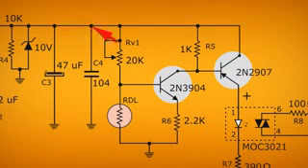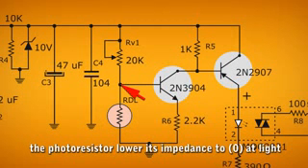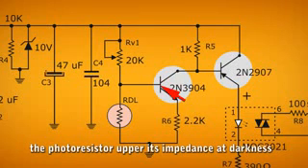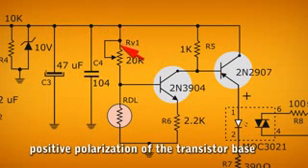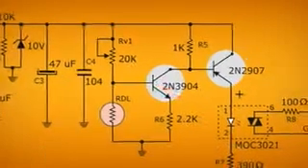Current passes through the resistor and reaches the center point between the resistor and the LDR. When the LDR receives light, its impedance is low, near 0 ohms, negatively biasing the transistor base. But when the environment is dark, the LDR increases to a very high impedance, restricting the passage of current. At that time, it positively polarizes the base of transistor 2N3904.